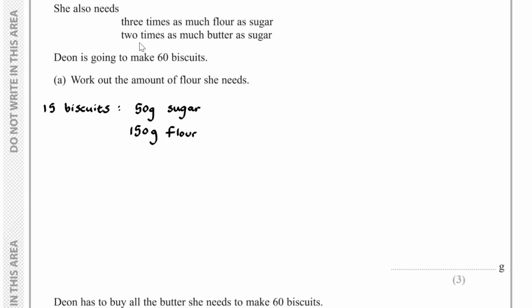And for butter, that's 2 times as much as sugar, so 2 times 50, that's 100, so we have 100 grams of butter which is required for 15 biscuits.